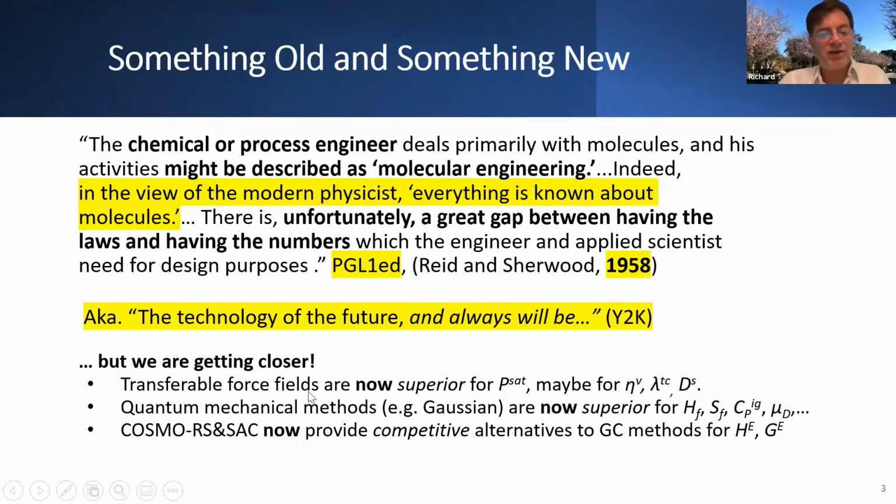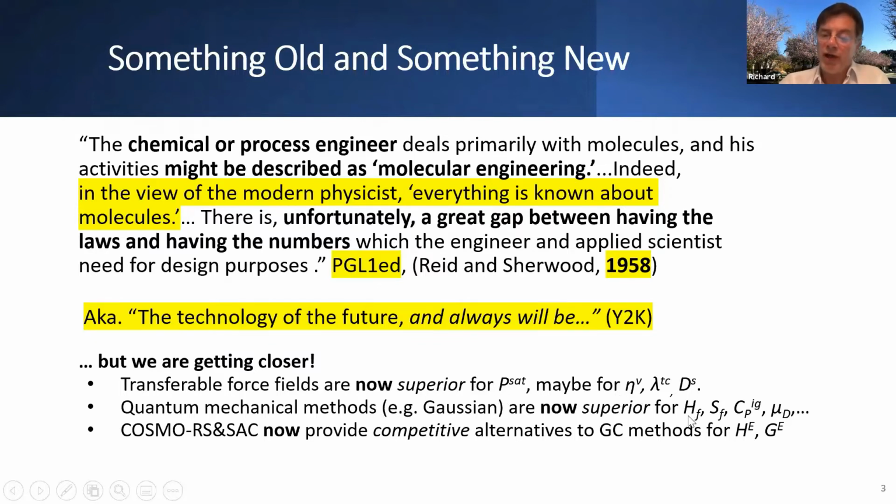And so I'm going to try and show you results that for vapor pressure and preliminary results for transport properties, I think it's pretty clear that the transferable force fields are superior for predictions of those properties.